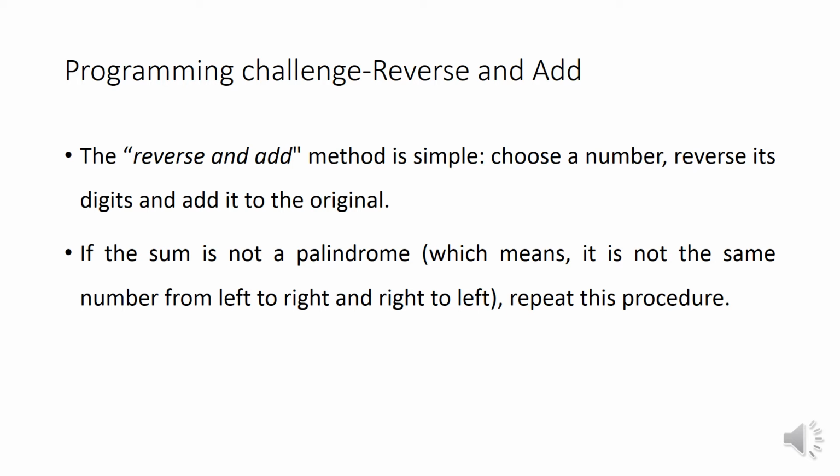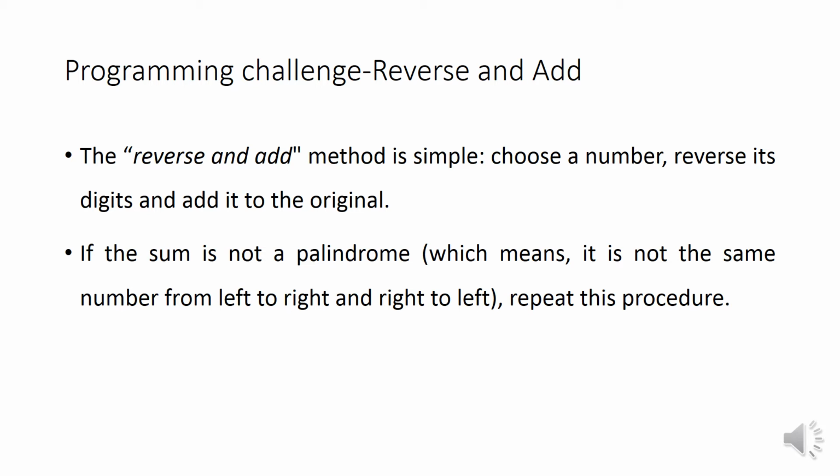After that we add those two numbers, 1473 plus 3741, and we find the output 5214. Again we find the reverse, that is 4125, and lastly we get 9339. After 9339, if we reverse that number, we get 9339. So that is a palindrome number.